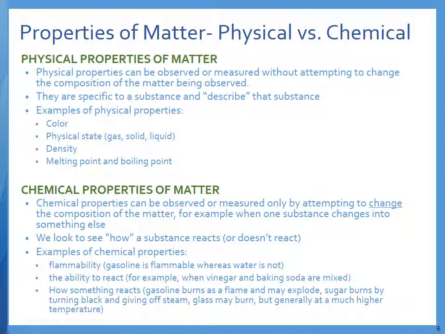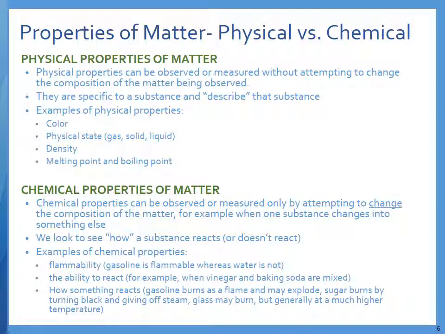So sometimes the fact that something doesn't react is still a chemical property. So flammability. Flammability is an example of a chemical property. So gasoline is flammable. Water is not flammable. So it's still describing that water doesn't break into flames when you put a match to it, but it's still talking about how water reacts or doesn't react.